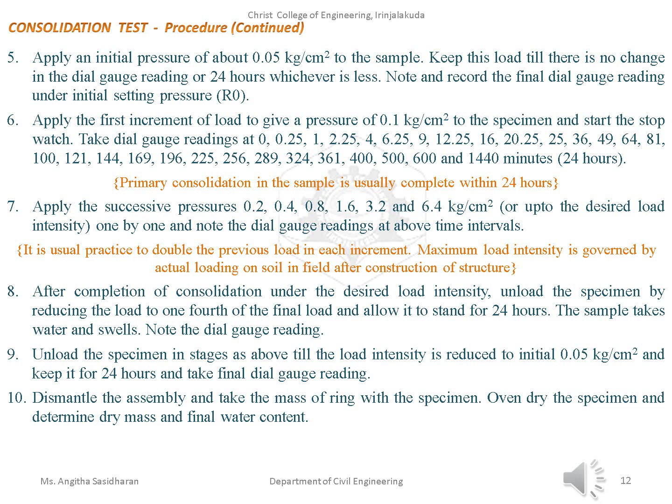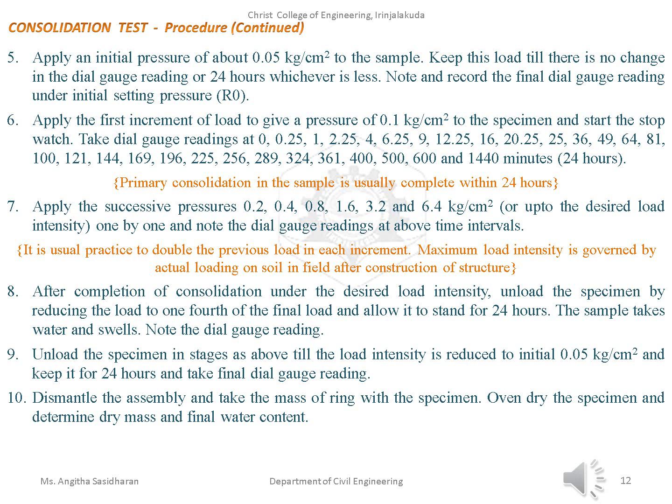After completion of consolidation under this desired load intensity as per site conditions, or the load intensity that we fix, we have to unload the specimen. This unloading is done in a different way.